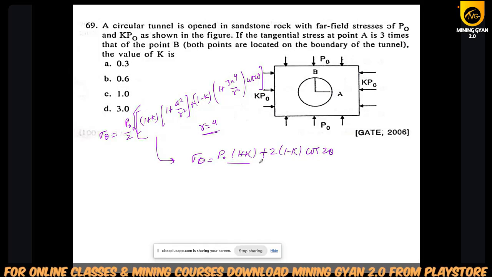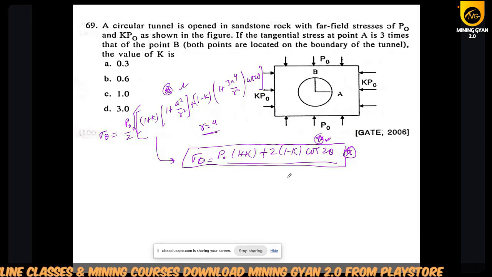If you have revised properly, then you will remember this direct property that at the boundary the stress will be this. We can give stress according to this formula. So it's up to you. If you want to remember it, otherwise remember the full formula, from which you can find out the stress at any point.